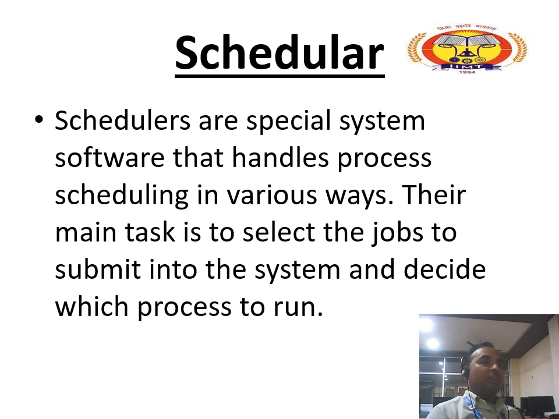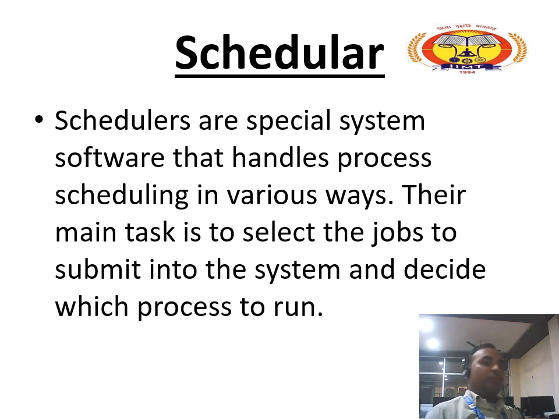The work of schedulers is to schedule the particular jobs or the particular processes. So you can read it out. Basically, these are system software used to submit the jobs, or in other words we can simply say the schedulers are used to schedule the process for its execution.